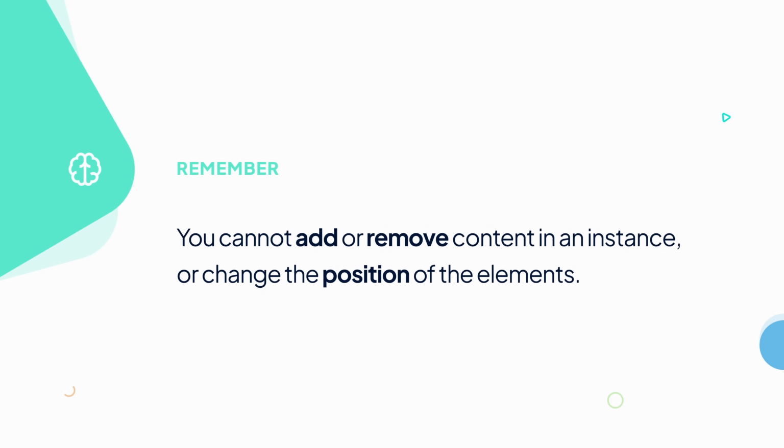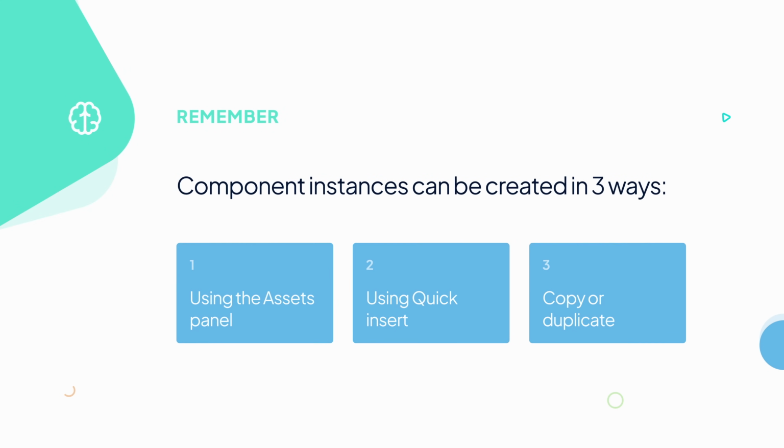You cannot add or remove content in an instance or change the position of the elements. Component instances can be created in 3 ways: from the Assets panel, by using Quick Insert, and by simply copying or duplicating the main component or another instance.